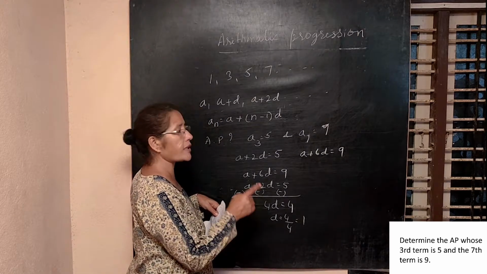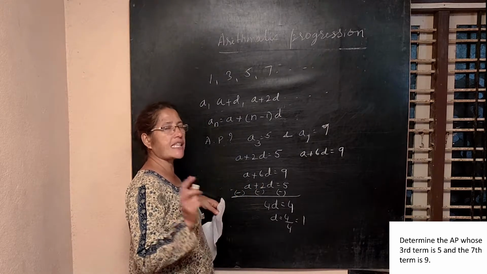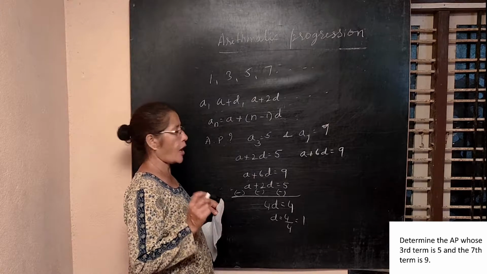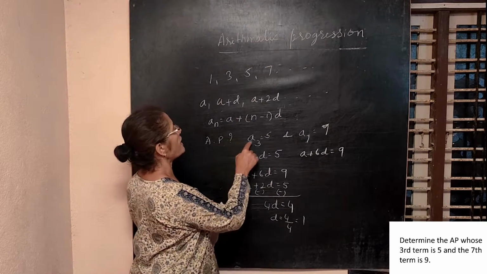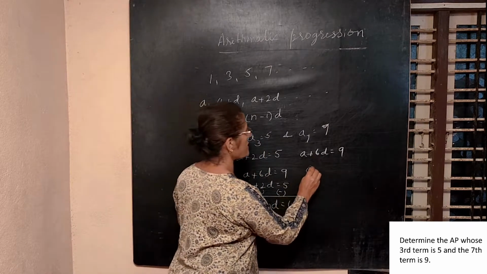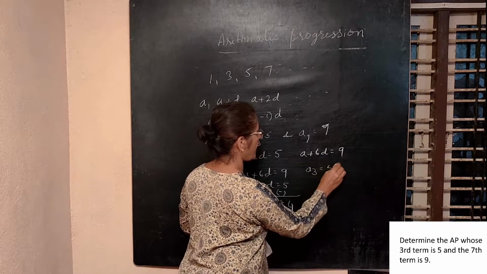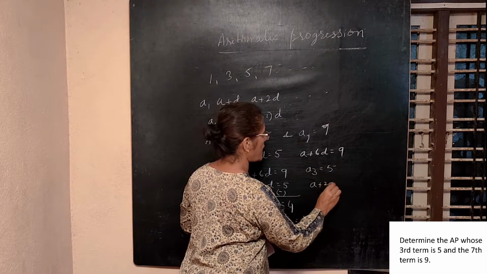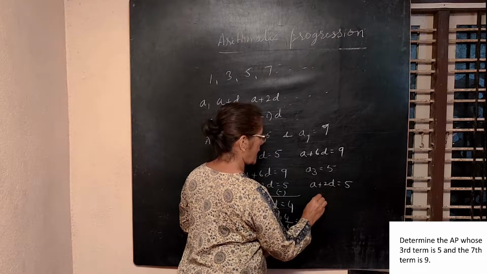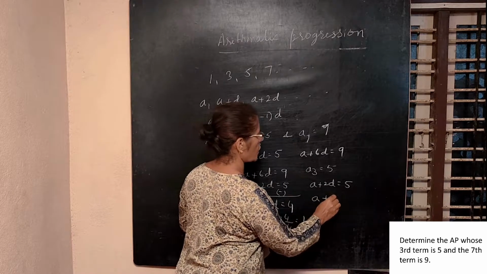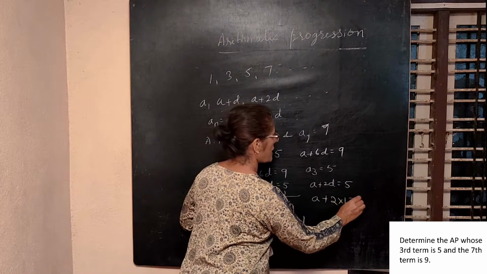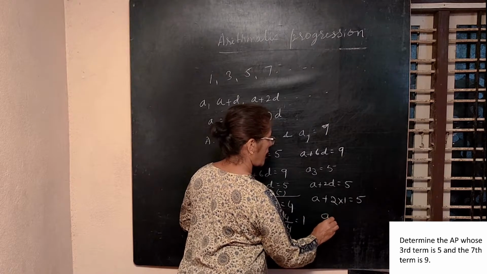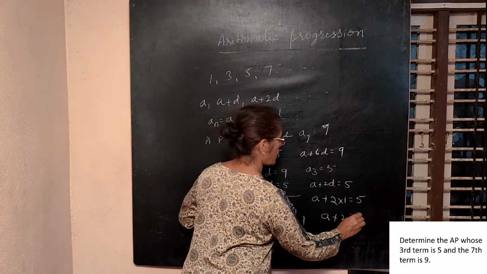So once I know the value of d, very easily I can find out the value of a. How can I find out? I know a3 is equal to 5. What is a3? a plus 2d is equal to 5. d is 1, so a plus 2 into 1 is equal to 5. So a plus 2 is equal to 5.